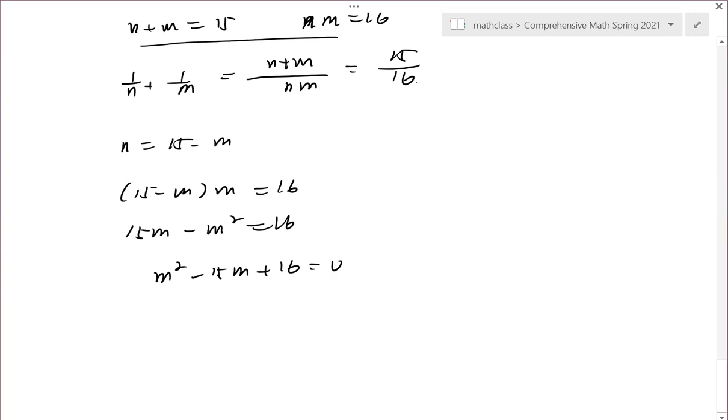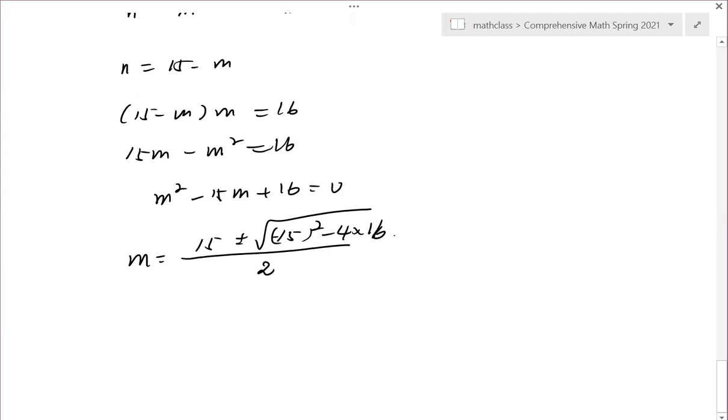I don't think you can factor this, so let's just use the quadratic formula. You get two solutions. I want to make sure you get real numbers, otherwise no. It's 15 plus or minus the square root of negative 15 squared minus 4 times 16, all over 2.